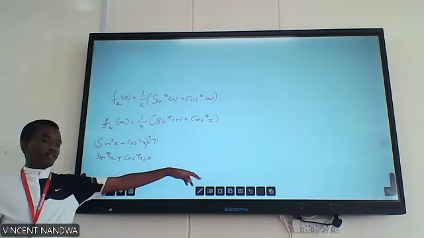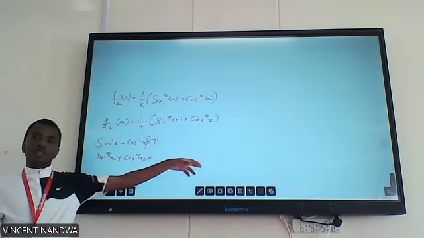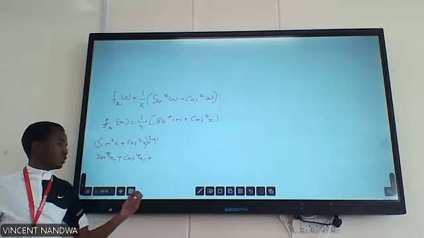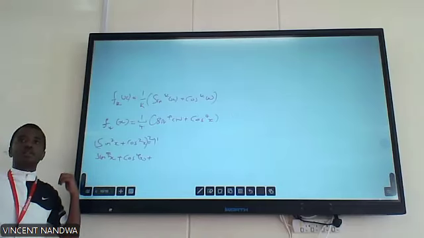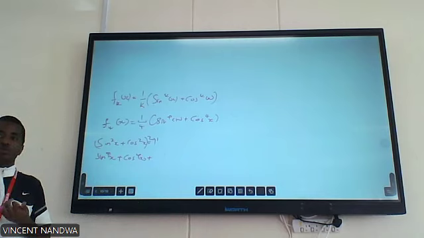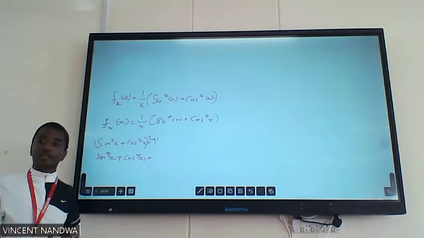And then you take this to the other side, you get 1 minus 2 sine squared x cos squared x, of which we remember that sine 2x equals 2 cos x sine x.